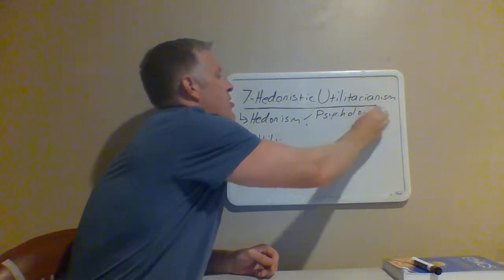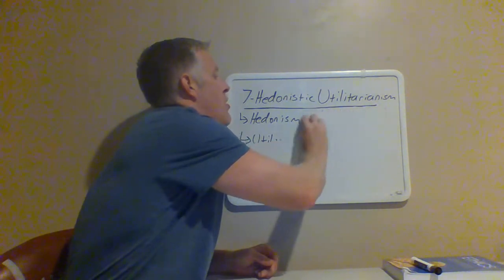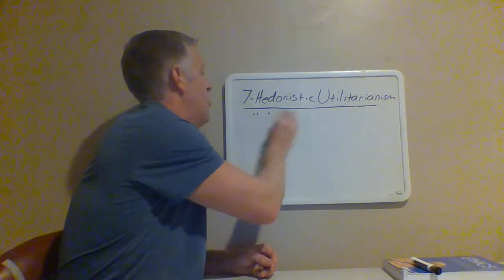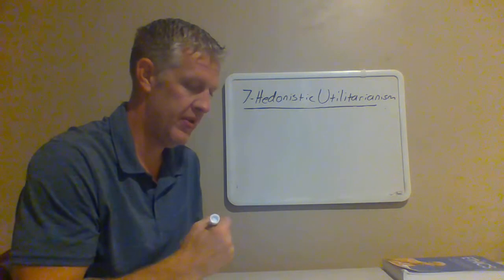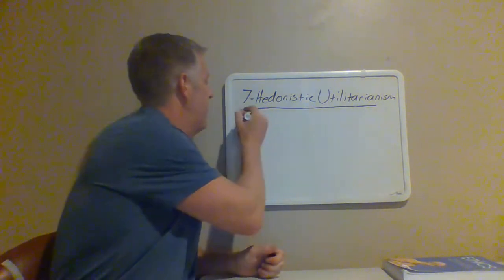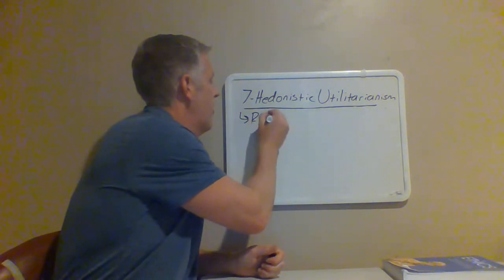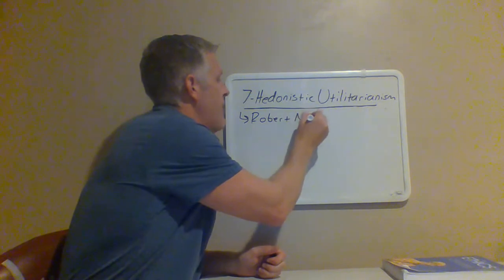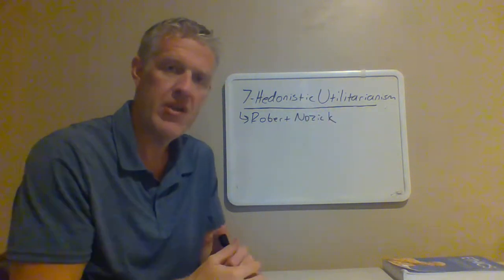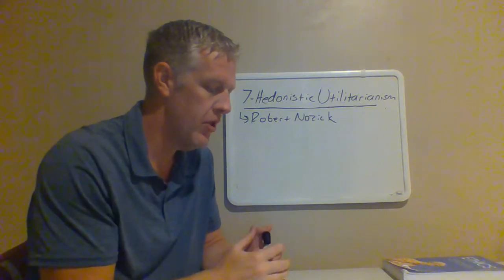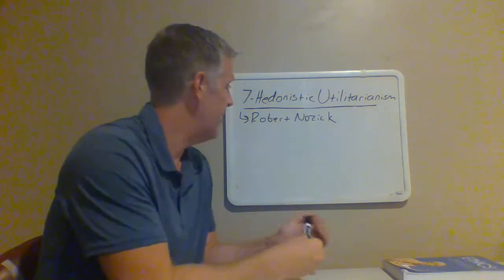I mentioned in part one that as we go through these moral theories, I like to allude to some of the criticisms, some of the issues. Robert Nozick was a famous American philosopher who taught at Harvard, particularly prominent, as I mentioned on slide 19, in the 70s and 80s.